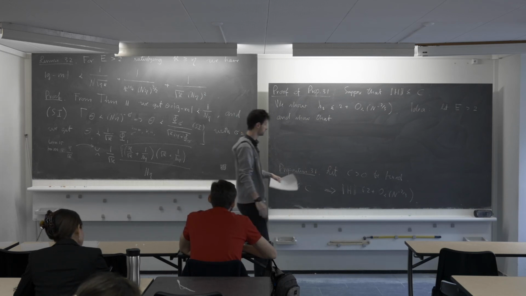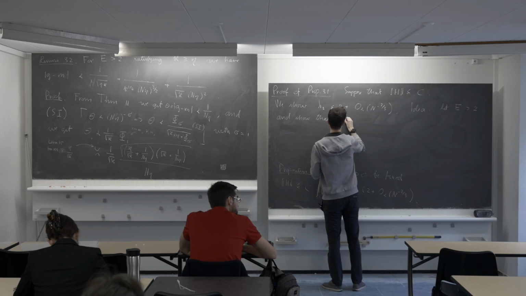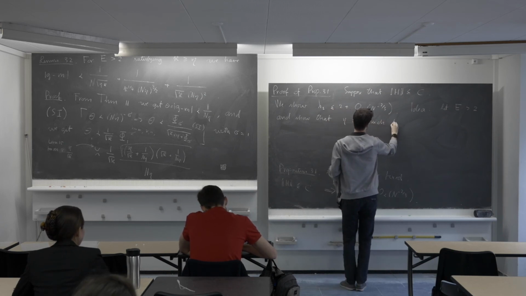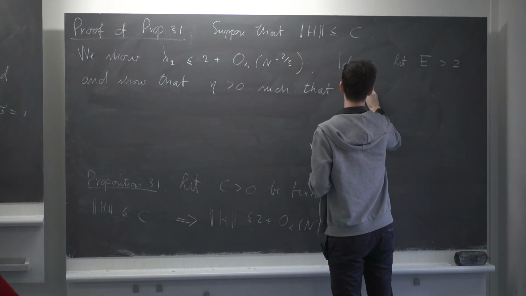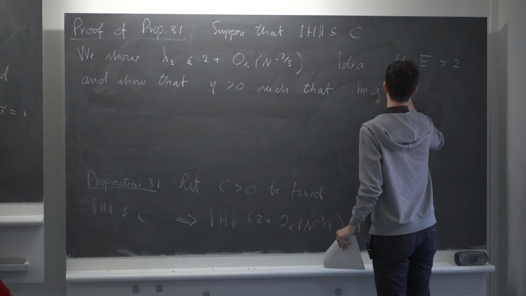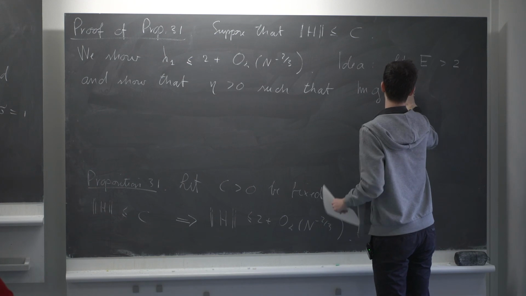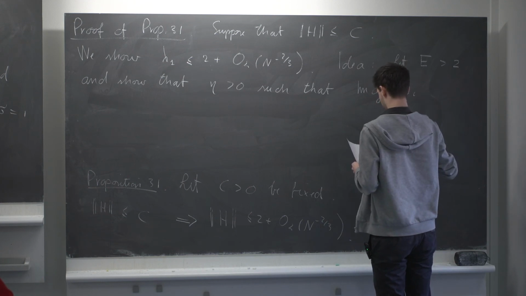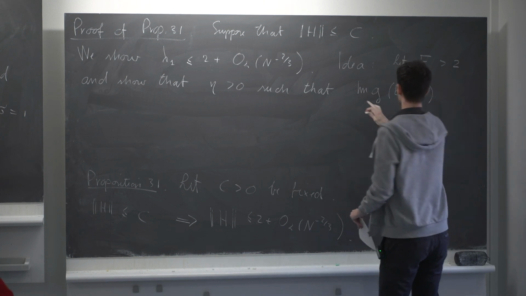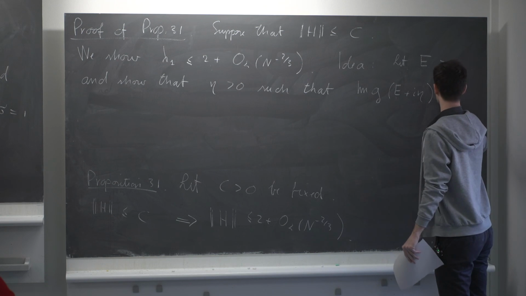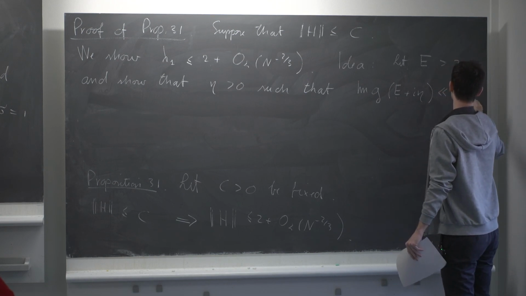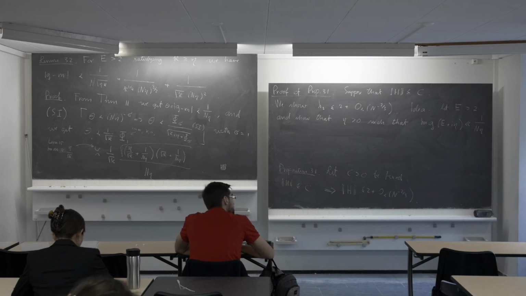We should try to choose the best one, such that the imaginary part of G at E plus i eta is, so then we want to derive a bound on it, and we try to prove that this thing is much less than n eta. If we can do this, then we have 1.